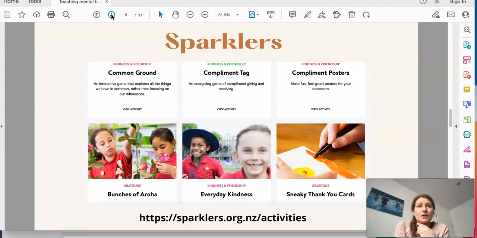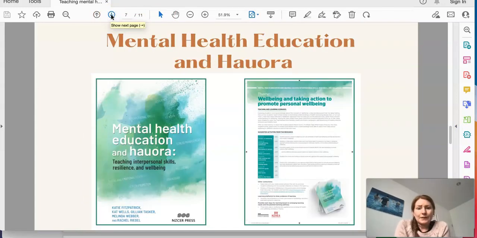There's also an activity, or two perhaps, around the Fonofale model of health as well. So quite a wide range of resources. Sparklers is aimed at children years 1 to 8, so there's plenty in there for those primary school age children.